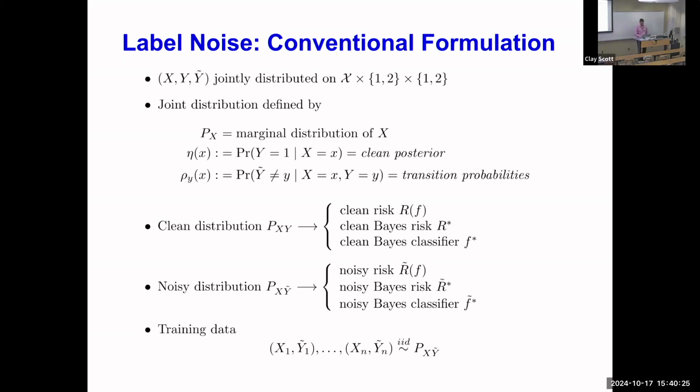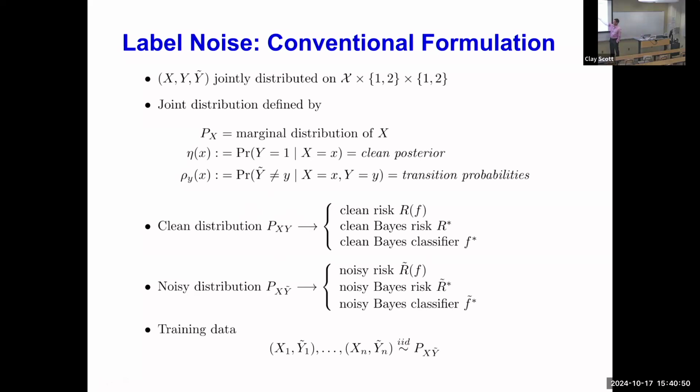All right, so from this joint distribution, we can extract the marginal distribution of X and Y, and that determines a classification problem. So just like on the previous slide, we've got a risk. I'll call it the clean Bayes risk, thinking of Y as the true label. So there's no noise.